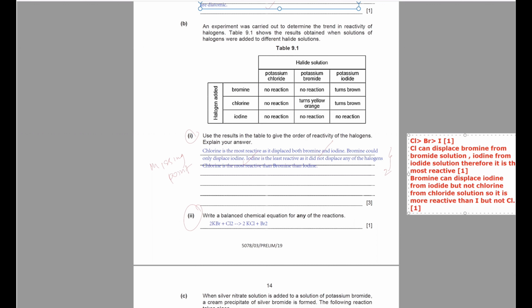So what happened is you wrote that bromine could only displace iodine, then you say that iodine is least reactive because it doesn't displace anyone. It will be good if you can put bromine not being able to displace chlorine as an indication that it is less reactive than chlorine.